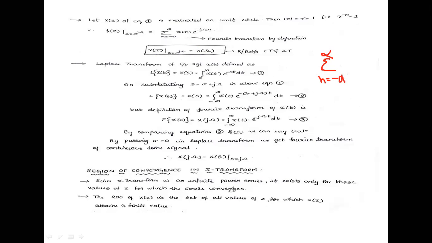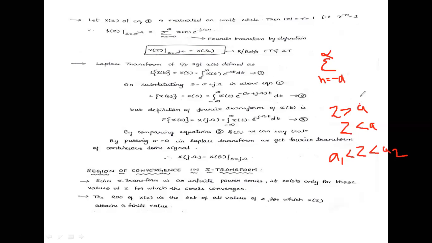The Z transform exists only for those values of Z where, for example, |Z| is greater than A, or |Z| is less than A, or A1 is less than |Z| and |Z| is less than A2.